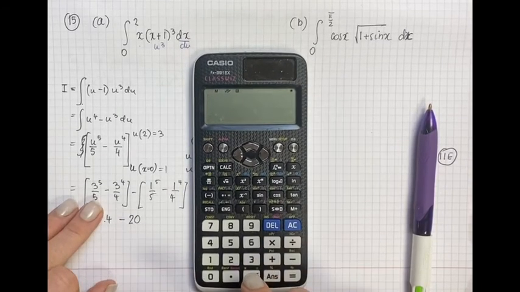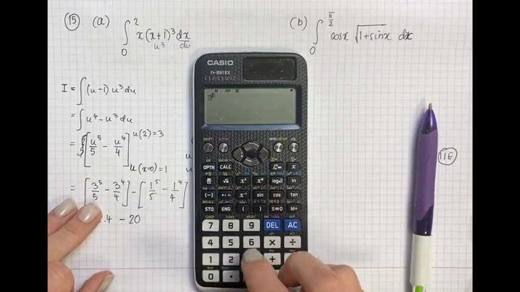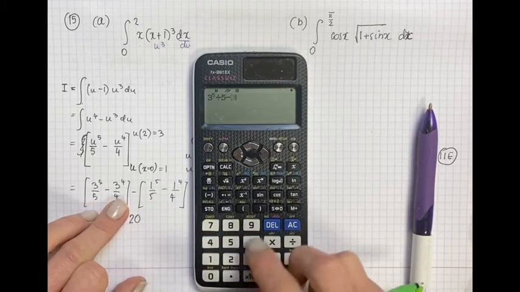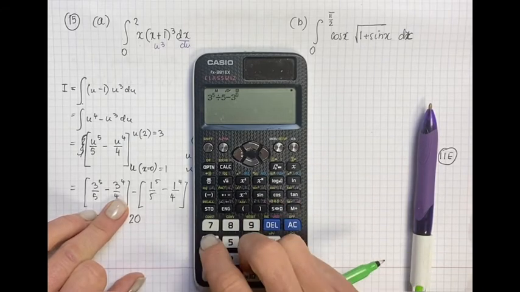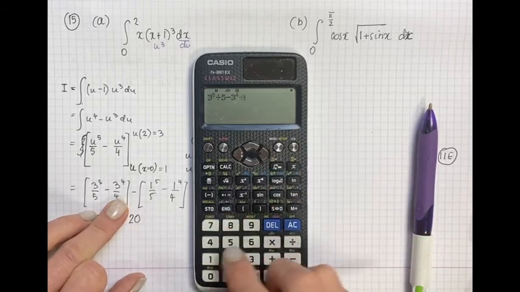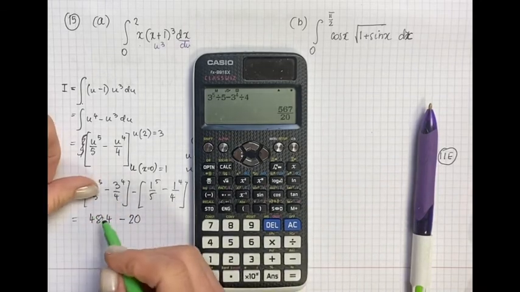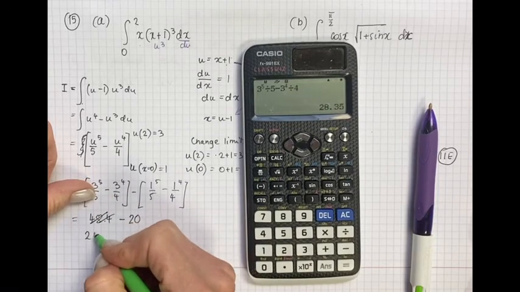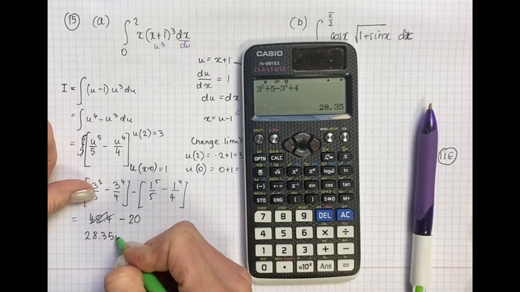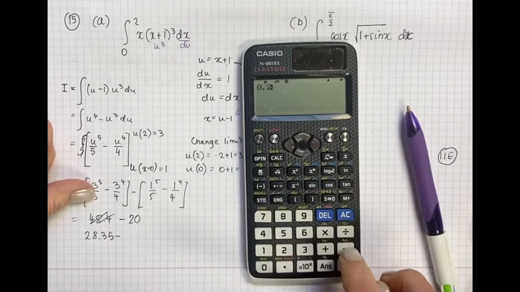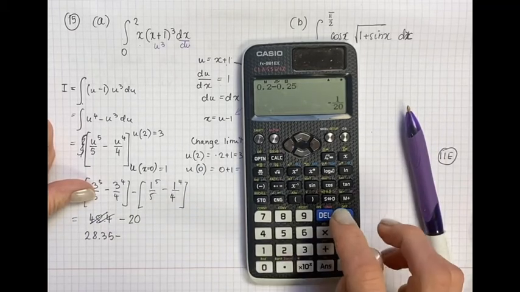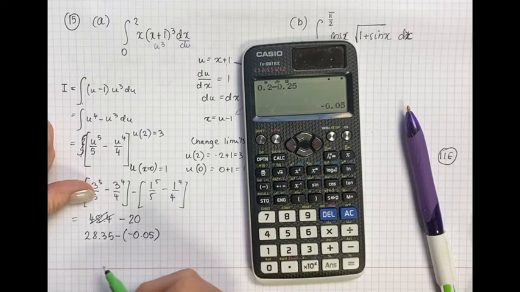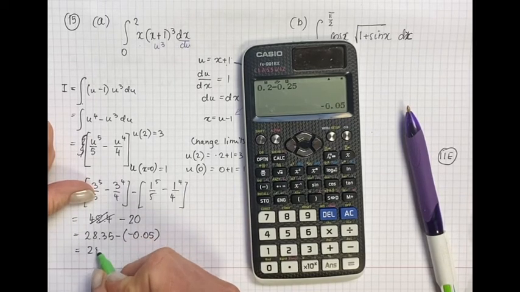So if you've got 3 to the power of 5 divided by 5 minus 3 to the power of 4, sorry, divided by 4, yeah, that's 28.35, and that's clearly going to be 0.2 minus 0.25, that's going to be minus 0.05, so adding them together gives us 28.4.